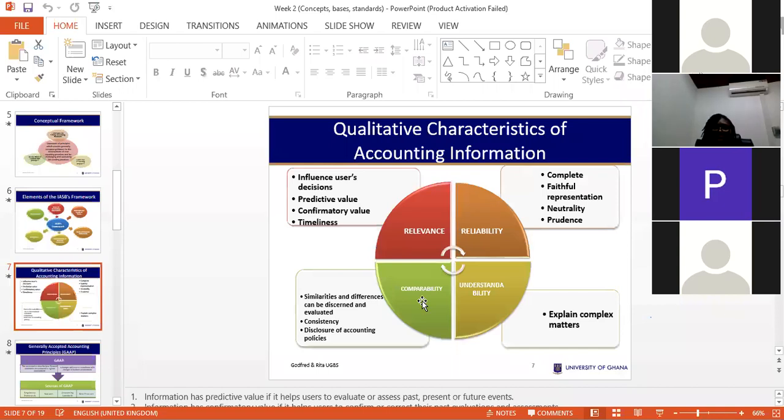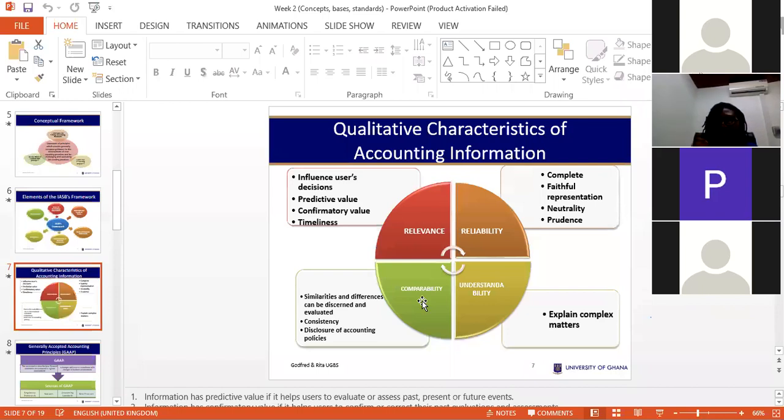All the information must be consistent, so that we can compare our performance for this year against the previous year. If we keep changing the rules, it is possible that we'll be reading oranges this year, next year we'll be reading pineapple, and it will not help us in decision making.